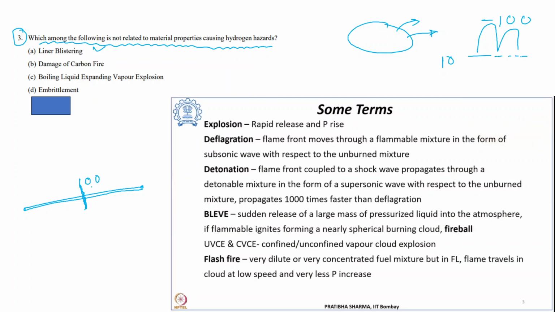Bending it 1000 times means you are creating repetitions of load. You give some load, bend it and straighten it, bend it and straighten it, and after some time it will fail and split into two. This is repeated stress. This repeated stress is related to liner blistering. Sorry, the answer is not.